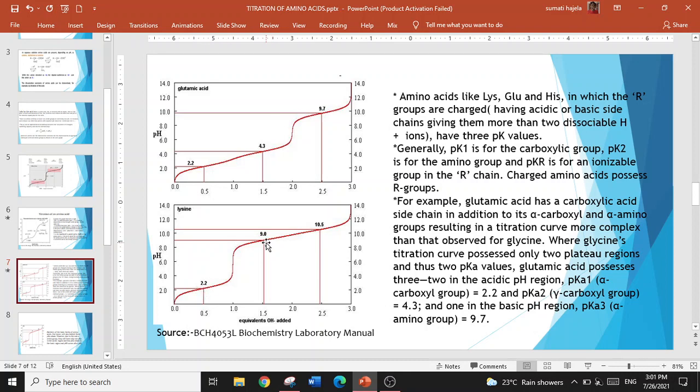Then बेसिक ग्रुप्स एक के बाद एक टाइट्रेट होंगे. ठीक है, तो एक 9 पे जाएगा, एक 10 पे जाएगा, जबकि ये दोनों बेसिक रेंज में होंगे. यहाँ पे कार्बोक्सिलिक ग्रुप्स तो हैं, तो दोनों कार्बोक्सिलिक ग्रुप्स जो हैं वो एसिडिक रेंज में. यहाँ दोनों अमाइनो ग्रुप जो हैं वो बेसिक रेंज में हैं. और कार्बोक्सिलिक ग्रुप जो जैसे टाइट्रेट होता था वो दोनों के लिए कॉमन है.